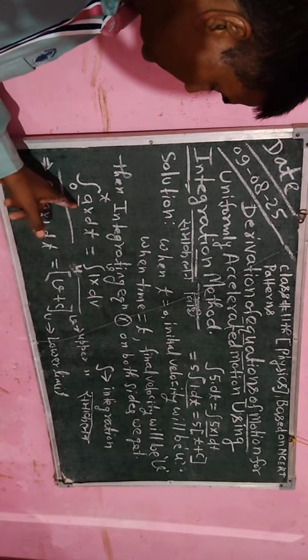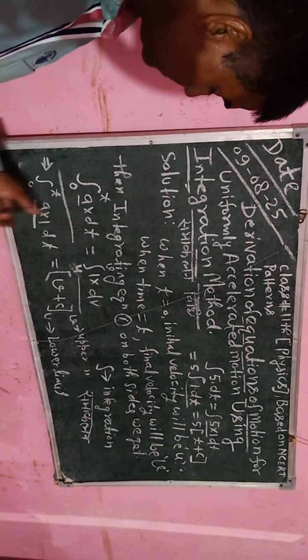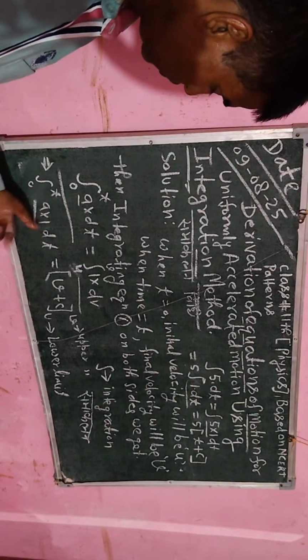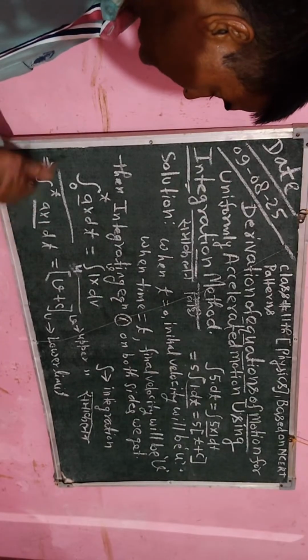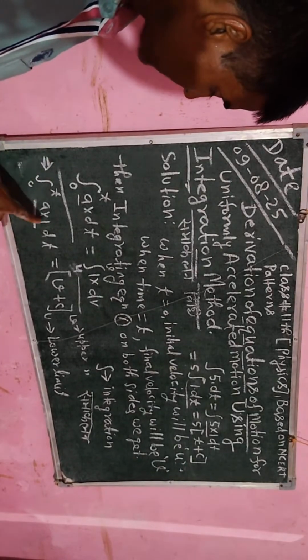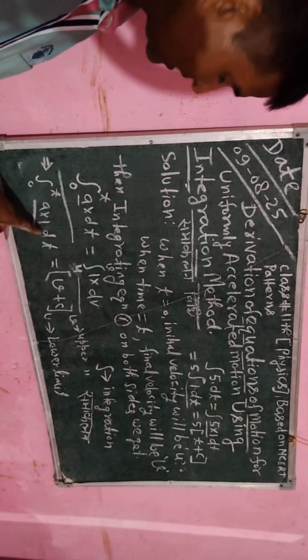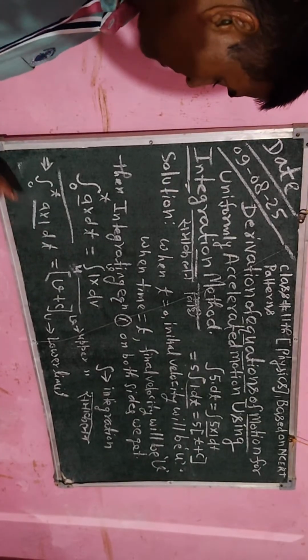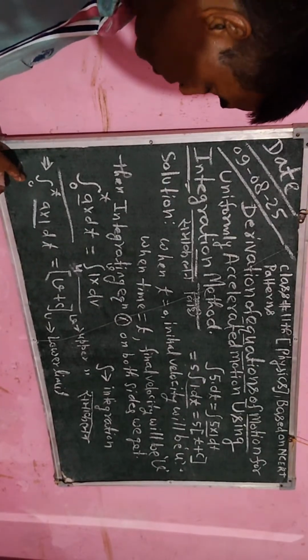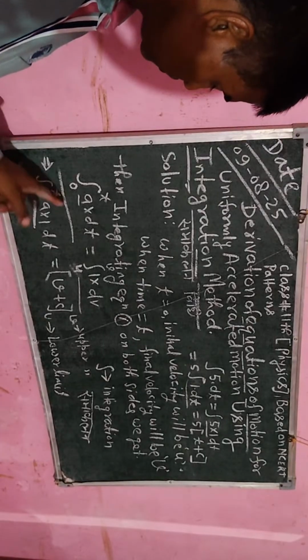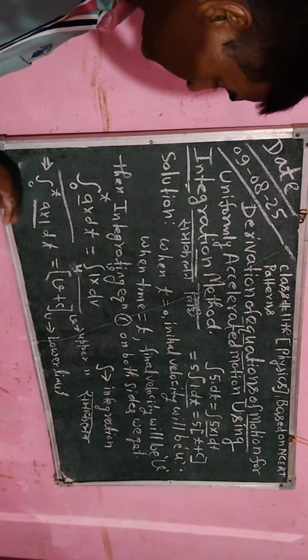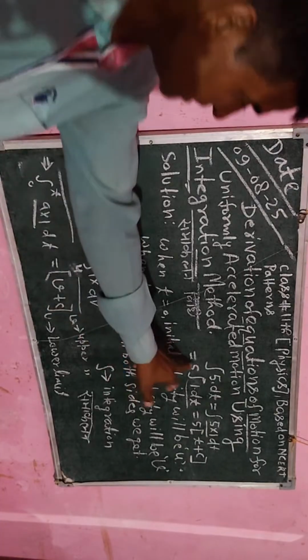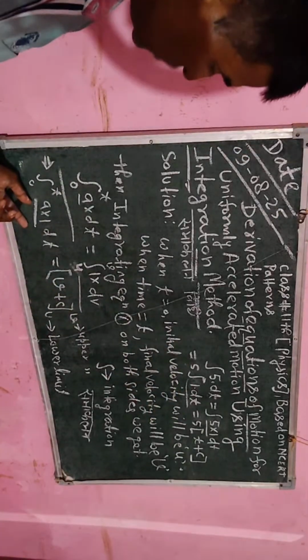Here a is the constant, so a can be arranged like a into 1, so a will be outside. So I will integrate 1 of dt, that will be t plus c, but its domain is from 0 to t. So after using this concept, I will also integrate this term.